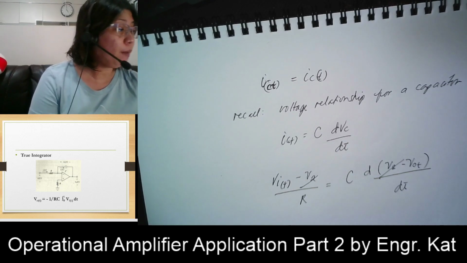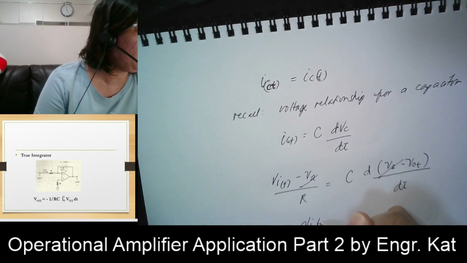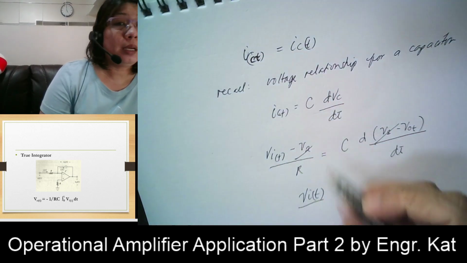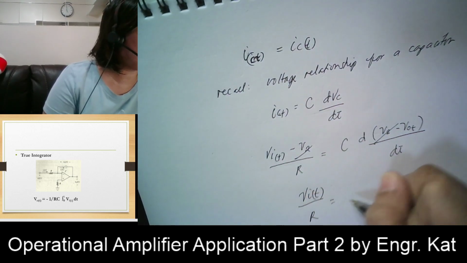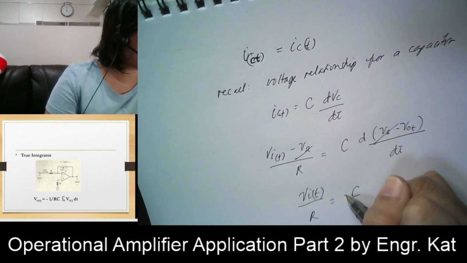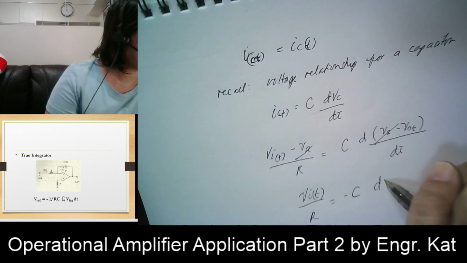So we have VI with respect to time divided by R is equal to C times a negative dVout over dt. Let us just place the negative sign here.